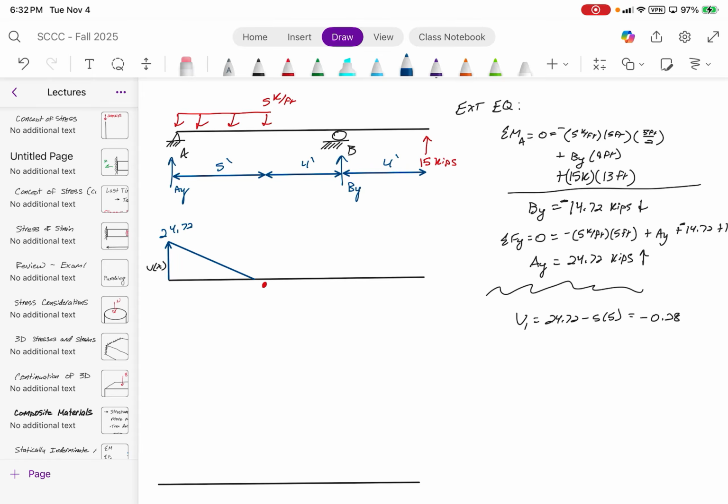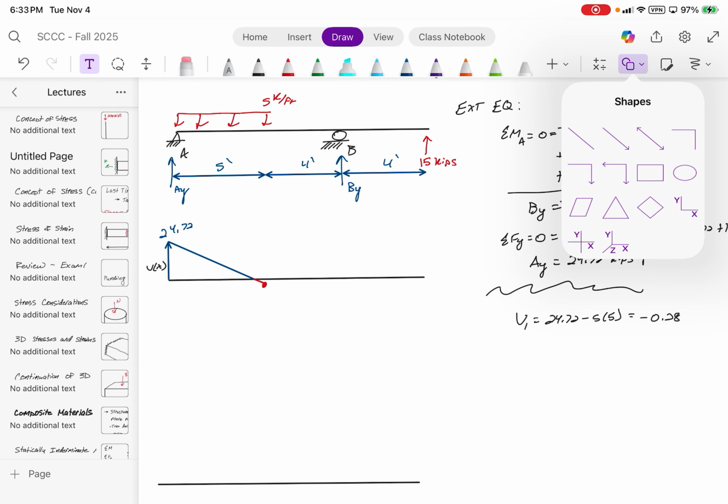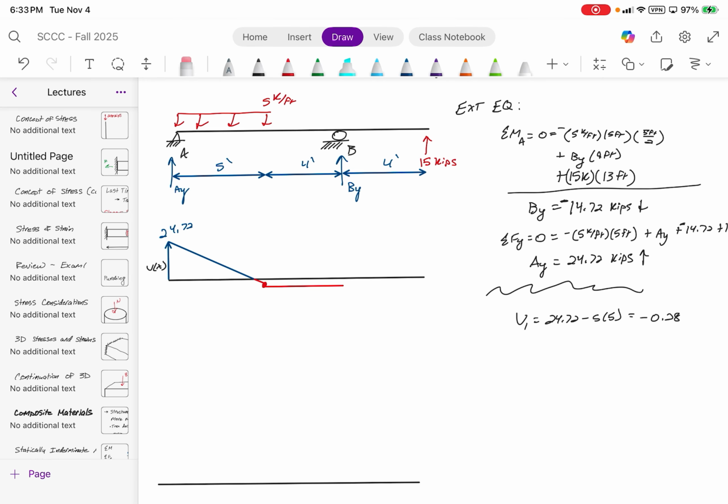Connect tip to tail. And then there's going to be no shear at all up until BY. Then V2 is just going to be negative 0.28 minus 14.72, which conveniently gives us the negative 15.